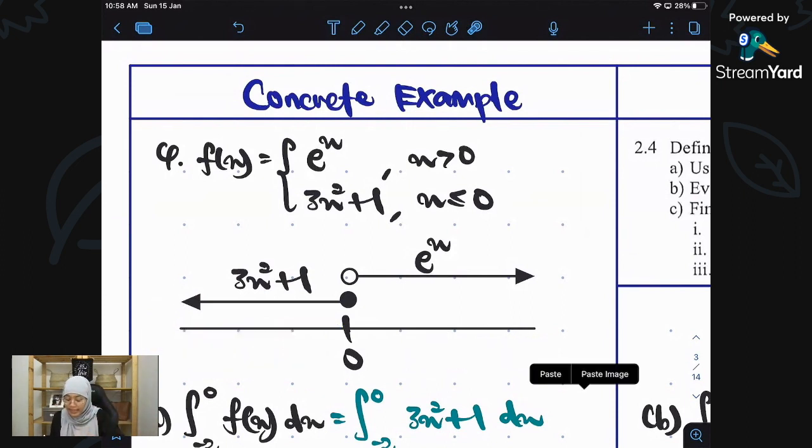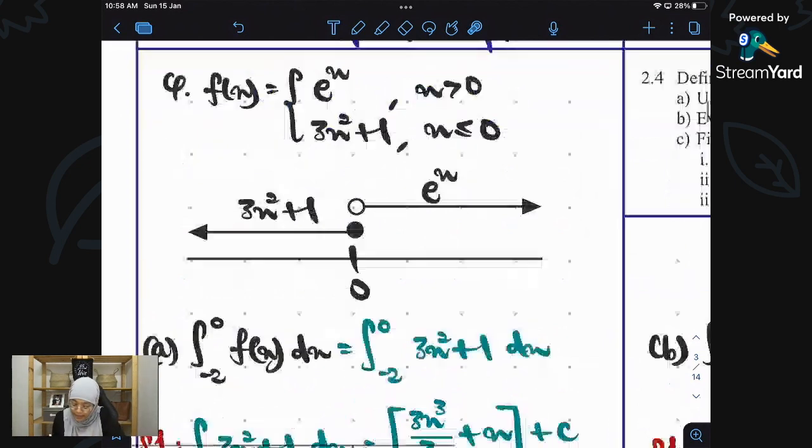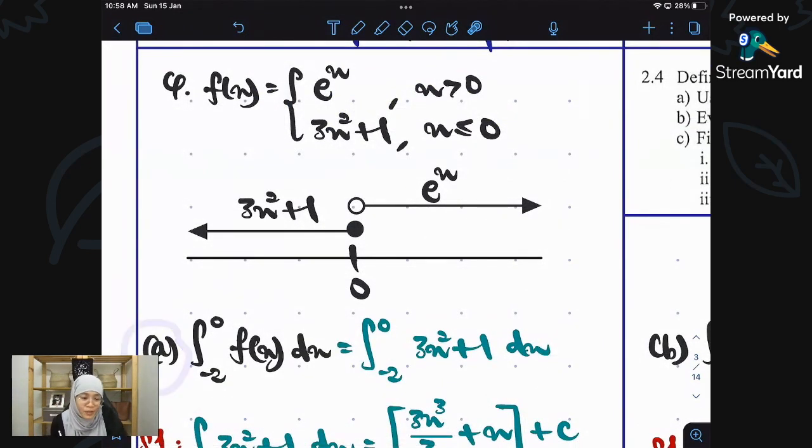Okay, so this means we have a limit that we need to consider. This is the first question A. We have a limit of -2 until 0. Therefore, we know that -2 is over here, until 0, this is the limit that we want, right? So this is the first question A, where we need to choose the correct f(x).